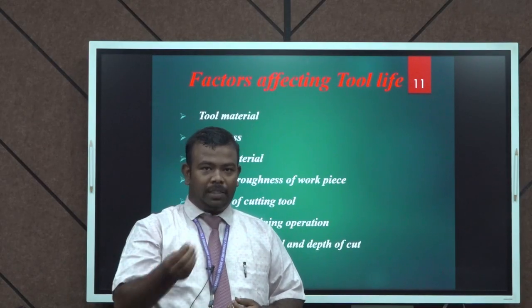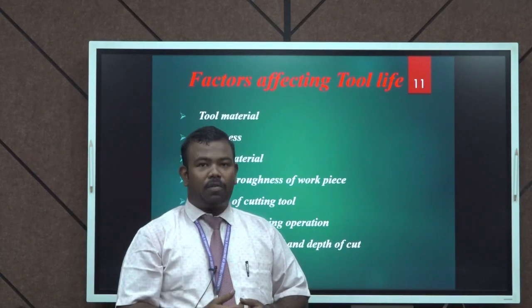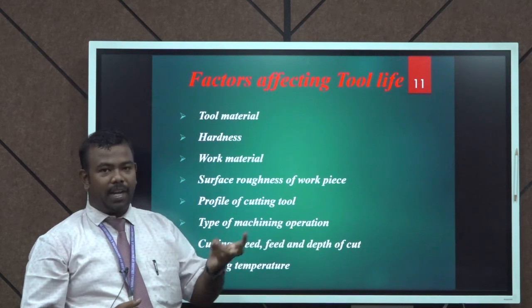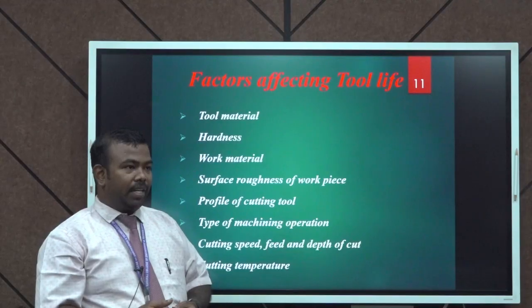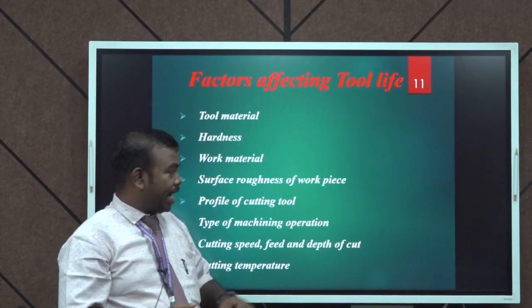For thread cutting, the wear will be more compared to facing. Cutting parameters like cutting speed, feed, spindle RPM, and depth of cut also affect the tool life, and cutting temperature as well.